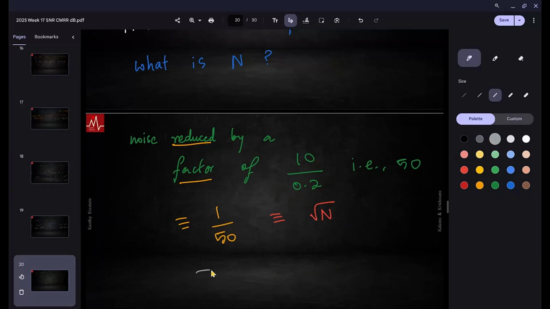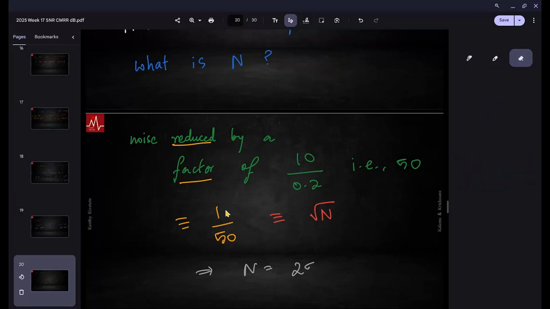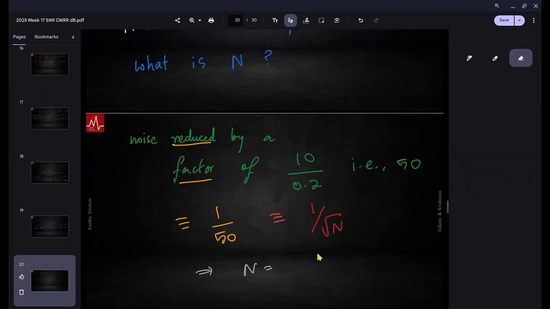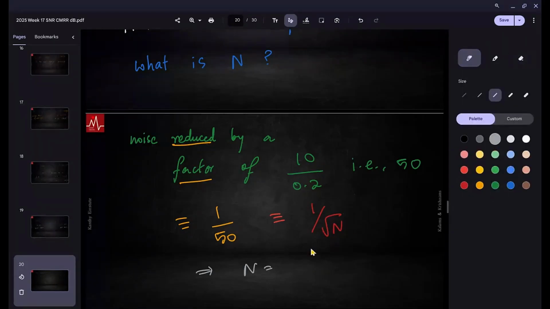That implies your n is 50 squared, which is 2500. Again, this English holds good: noise reduced by a factor of 50, so noise became 1 by 50. That factor corresponds to 1 by square root of n.